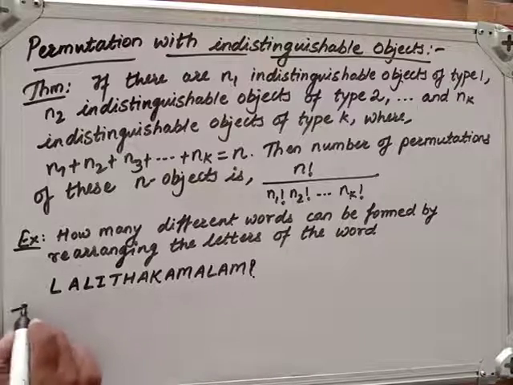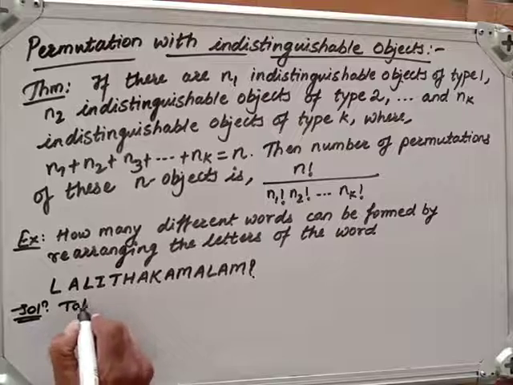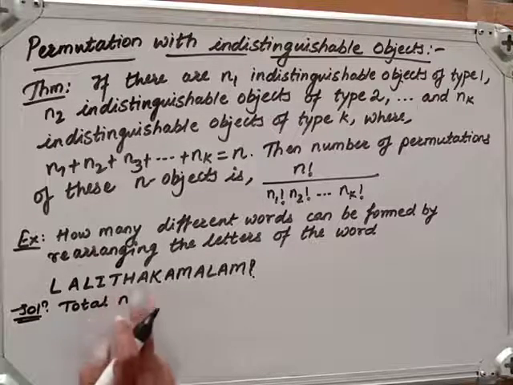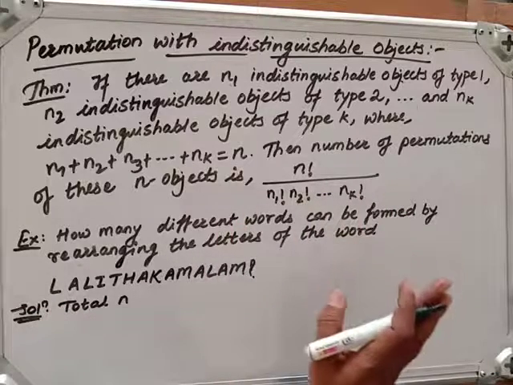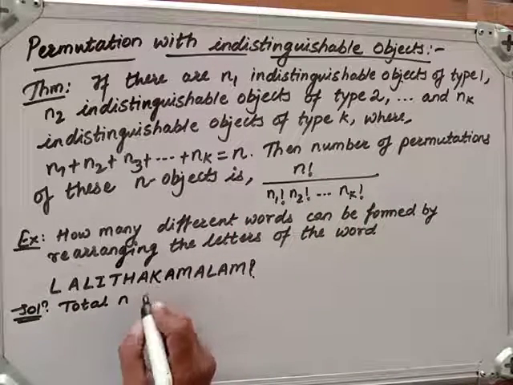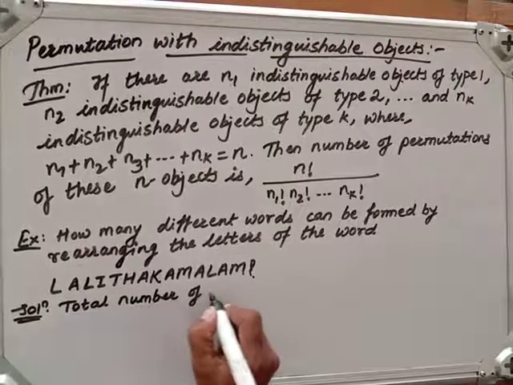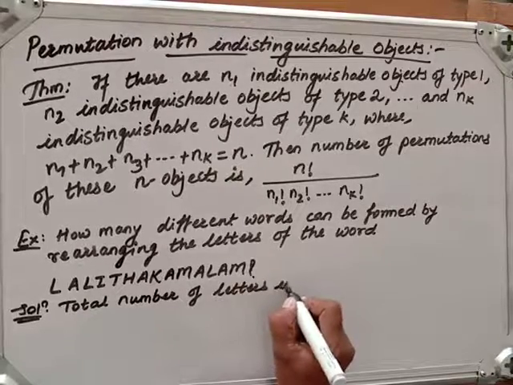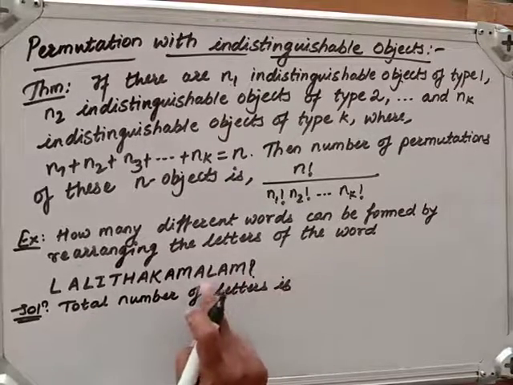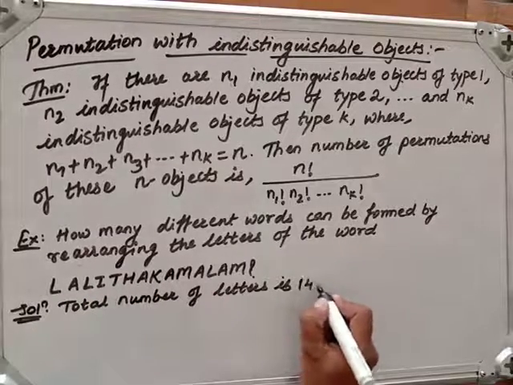Now how will the solution be written? For such kinds of problems we will use this result, indistinguishable, we cannot distinguish them. So the total number of letters is 14.